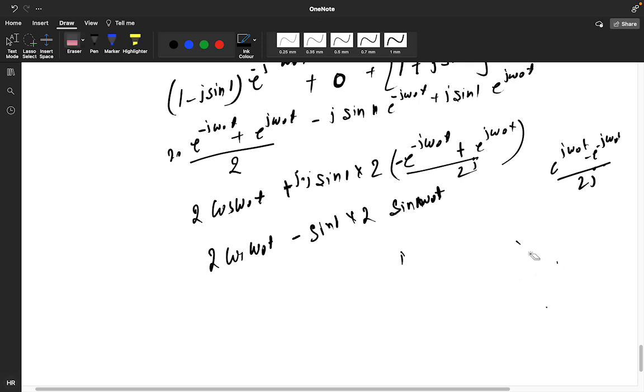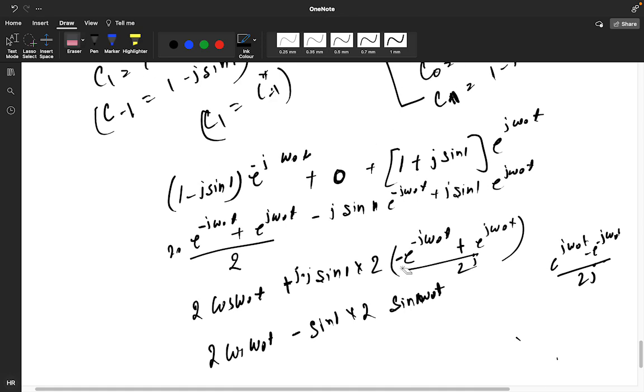But these things will come positive. So e power minus j omega naught t plus e power j omega naught t divided by 2 minus j sine 1 e power minus j omega naught t plus j sine 1 e power j omega naught t.